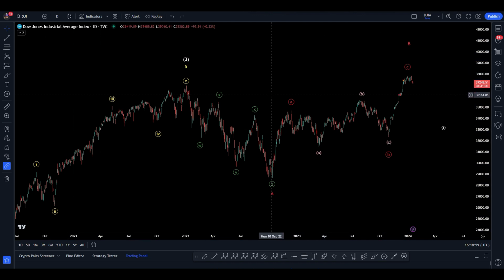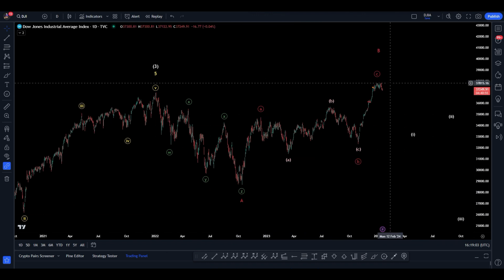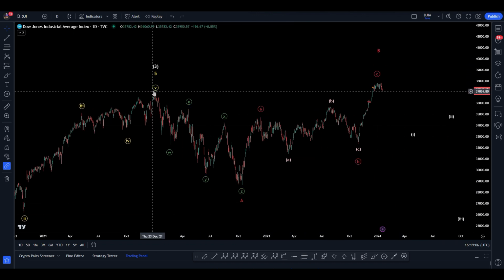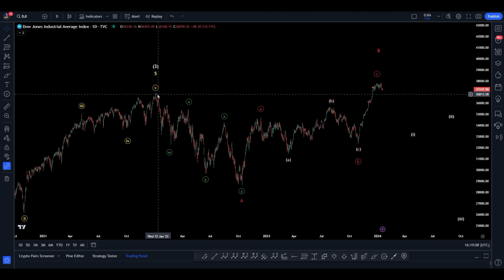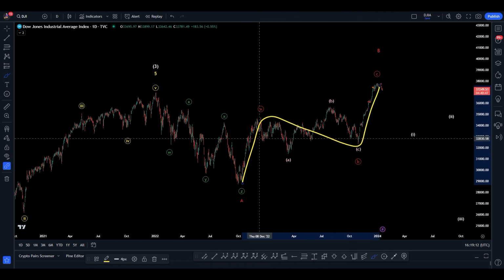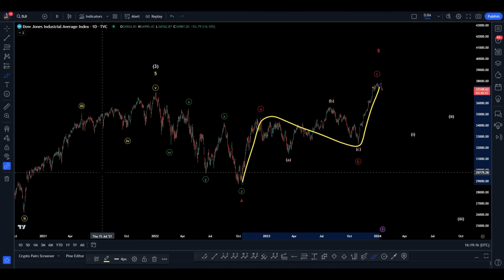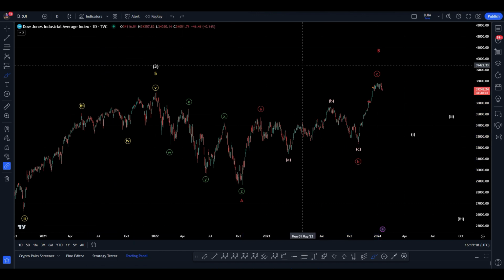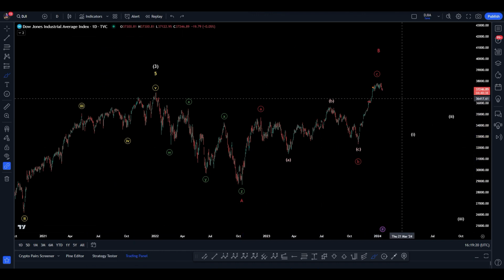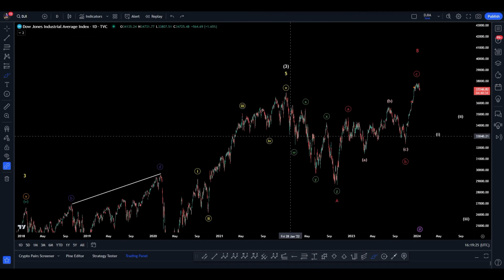We have this three-wave move up. We made a new all-time high. How did we do it? In 3 waves. So you're telling me, and there's no reasonable way right now to make this bullish, by the way.